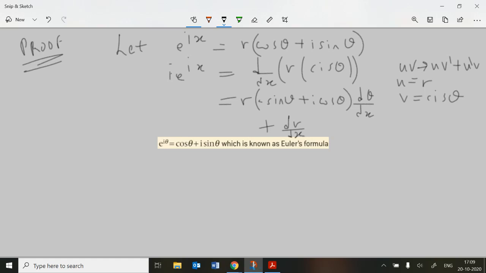That's the best we can do there. And then in brackets, we're going to have v, and v is just this thing here. So it's your cis theta, but I'll write it out fully. We've got cos theta plus i sine theta there. Okay, so essentially we've now differentiated both sides, and that's what we've got down to.